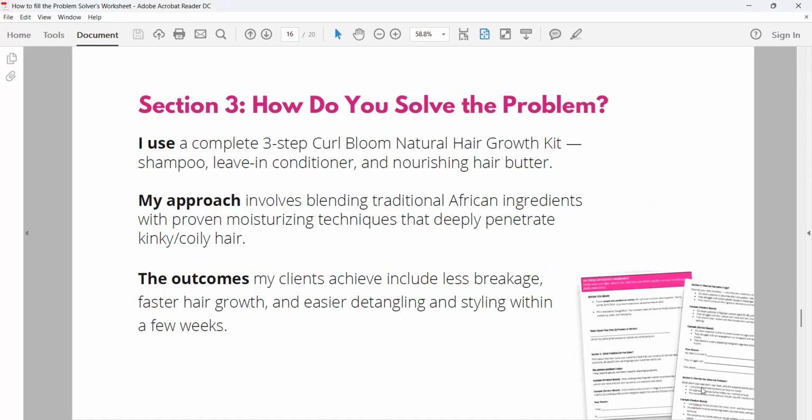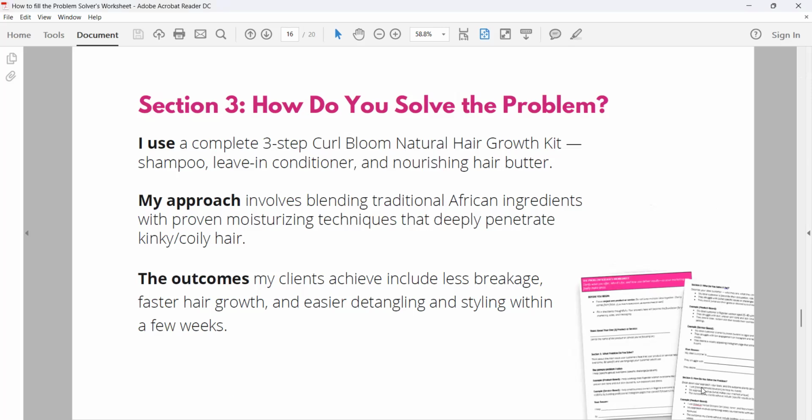I hope you can see how detailed. For section 3, how do you solve the problem? She uses a complete 3-step Coil Bloom Natural Hair Grow Kit that has shampoo, leave-in conditioner, and nourishing hair butter. What is her approach?